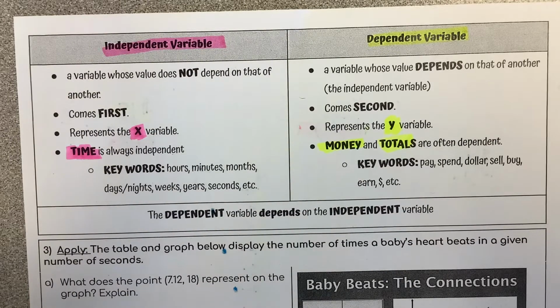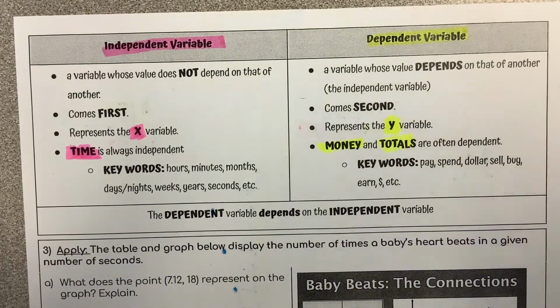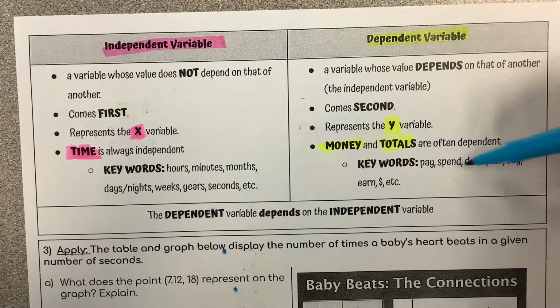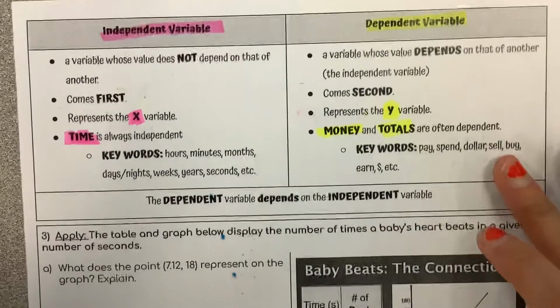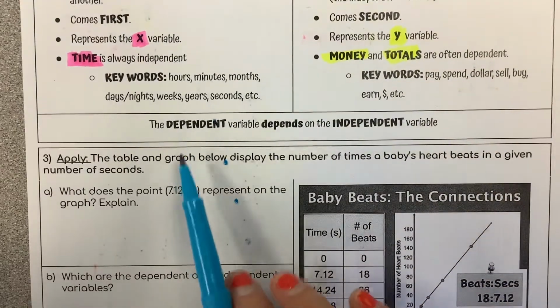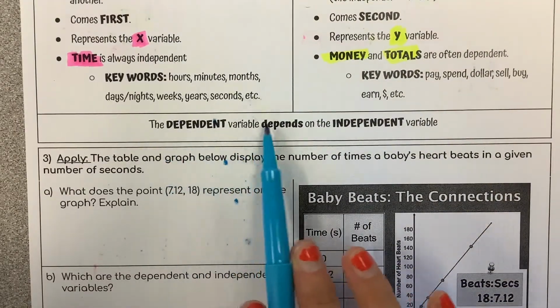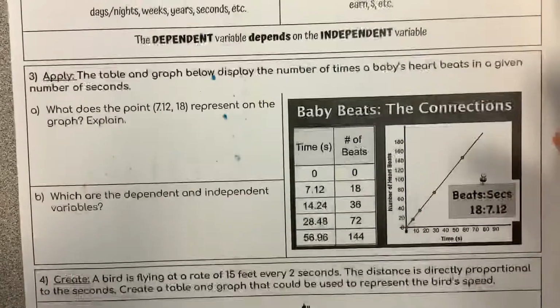I have to work or I have to do something else, right? For totals, that's the total amount is dependent on the other part. So pay, spend, dollar, sell, any of these things that you'd see would tell you dependent variables. And if you're thinking about it in a sentence form, the dependent variable depends on the independent variable.